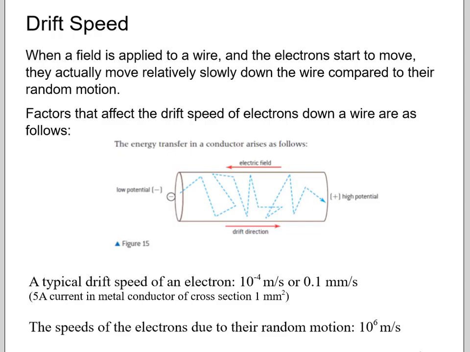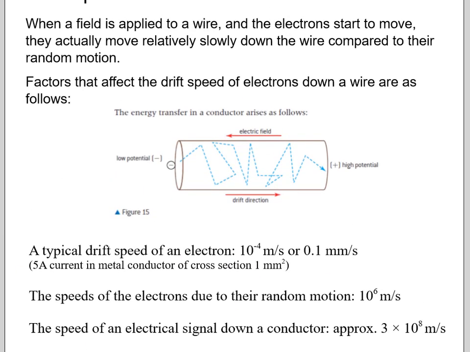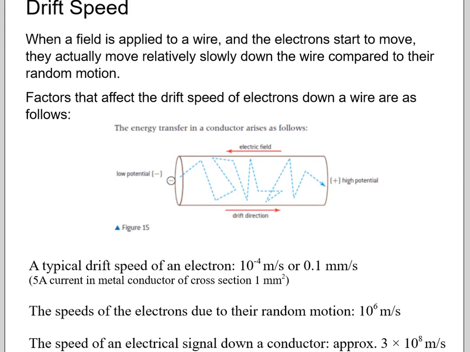Okay, so let's just take a quick look at drift speed. Drift speed is how fast electrons move down a wire. Now we tend to have an illusion that when we hit a light switch and the light goes on instantly, we sometimes think that that's the electrons traveling from the switch all the way to the light, and that would be false. Okay, so when you look at electrons inside a wire, they have very random chaotic motion. Electrons spin around, they move around a lot, and you can see the pattern here.